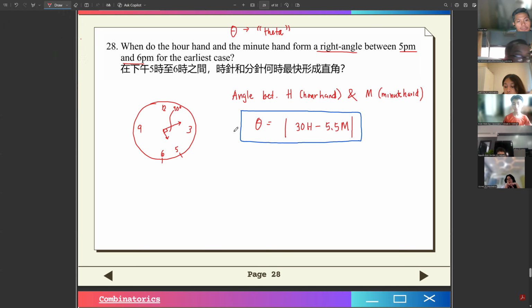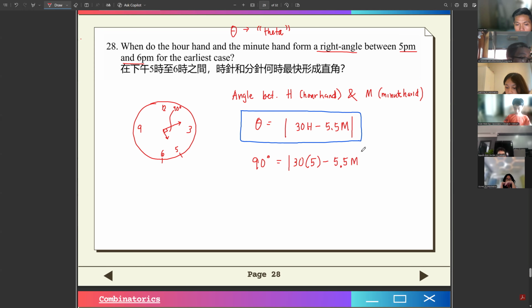So for this particular problem, we know the angle that we want to get, right? This is the right angle, which is a 90-degree angle. And then we know the H. The H would be, if it's between 5 and 6, so the H is 5. Okay? So the only unknown is the minute.